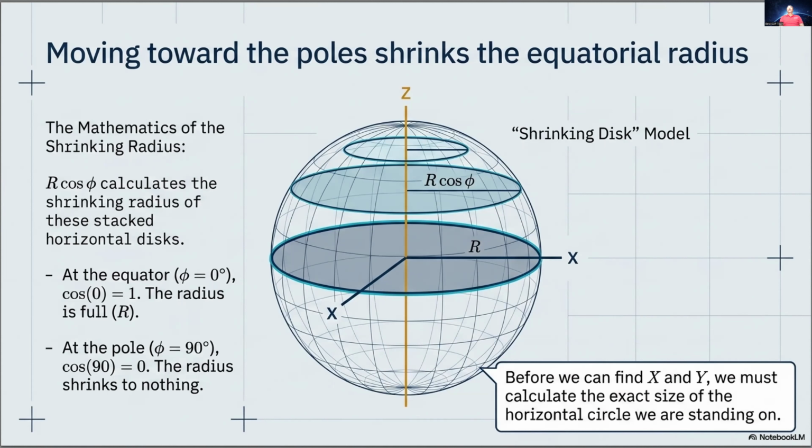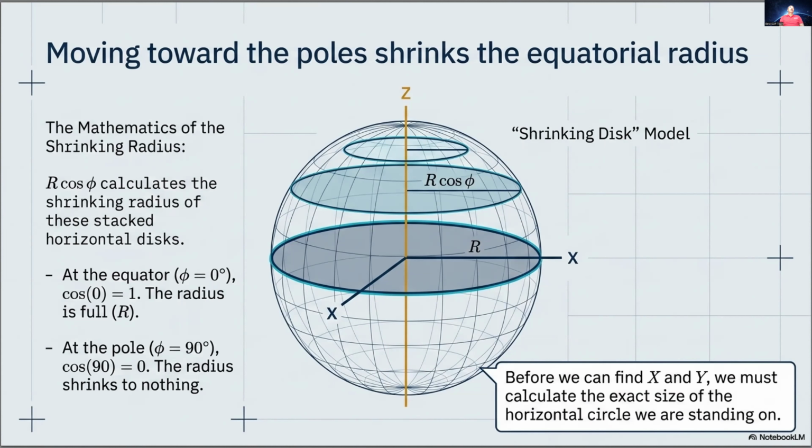Then we go for the circle defined by the radius cosine ratio, and the new radius is the radius of the great circle times cosine omega, where omega is latitude.